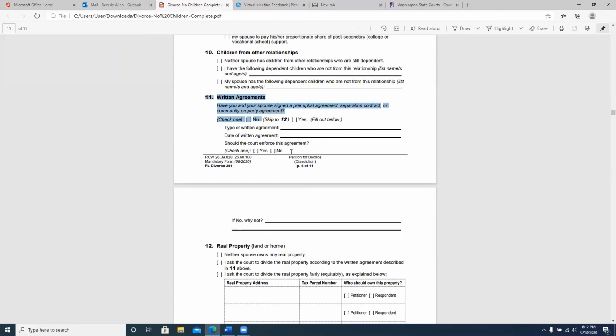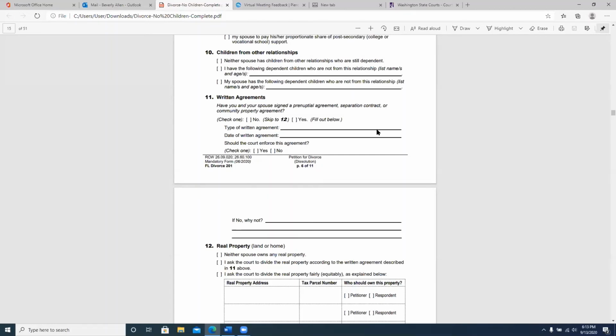And when I said begin with the end in mind, if you have a written document that you'd like the court to look at the end of the case, you really should also have that available and discussed with your spouse at the beginning of the case when you file. The type of written agreement could be called a community property agreement.